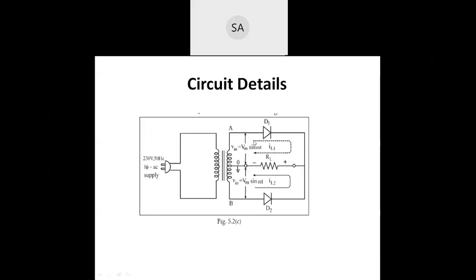This is the direction of the current flowing through this diode, RL and the upper part of the secondary winding. The current flows in the clockwise direction, that is IL1, the load current due to D1 conduction.